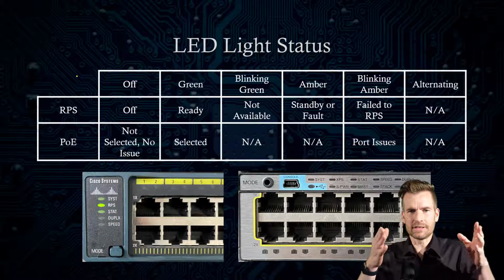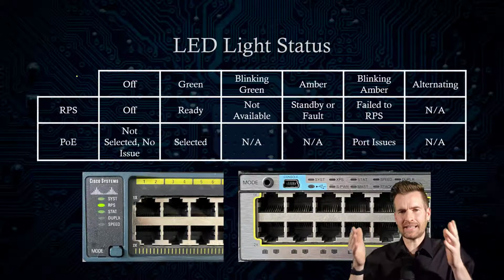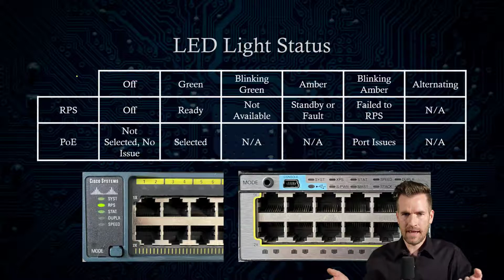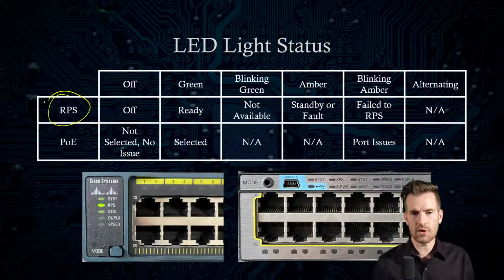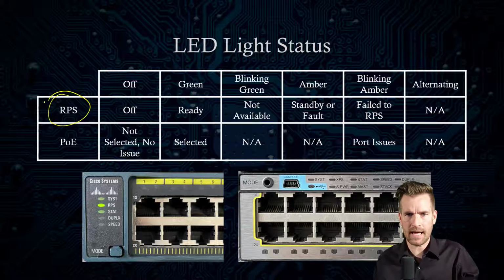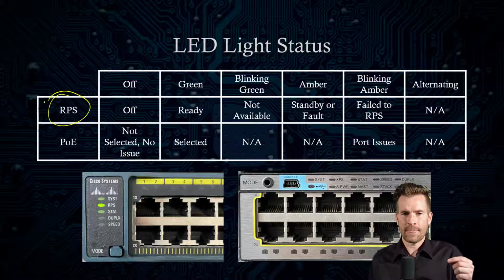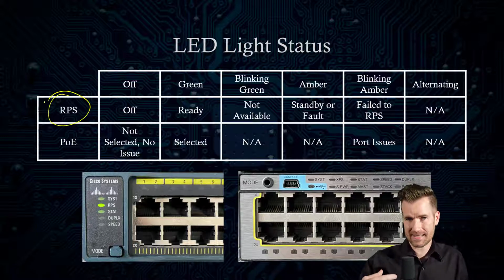All right, so there's the status of the individual ports, but there's also the status of the switch itself and things that are happening on the switch. So let's talk about a couple of those LEDs, such as the RPS. RPS is redundant power supply. Redundant power supply is the extra little connector on the back that you may not have seen before.